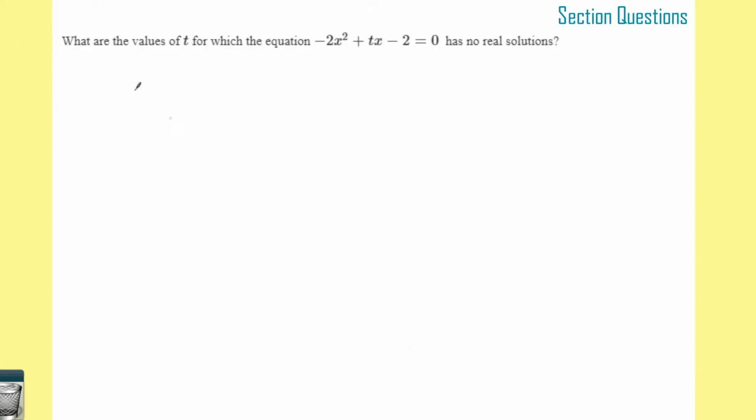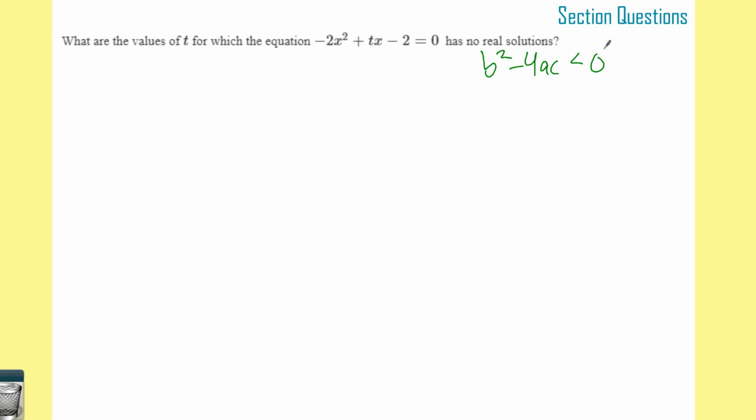All right, so let's see. What are the values of t for which the equation has no real solutions? So that means it's only going to have imaginary solutions. Well, the only time that's going to happen is when our discriminant, b squared minus 4ac, is negative. So when it's less than 0.